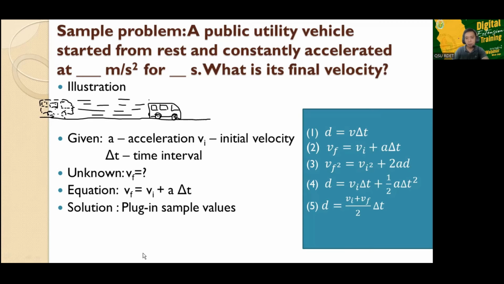Okay? VI, we put acceleration, we put delta T. And lastly, the statement answering the problem. What is the final velocity? Simply, the final velocity of the PUV is blank.